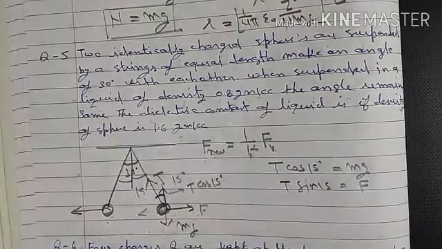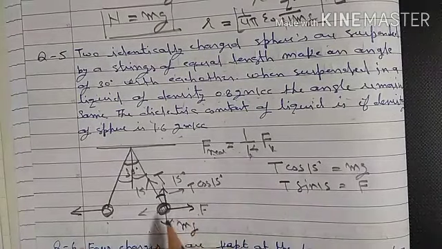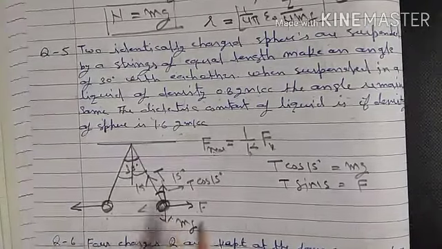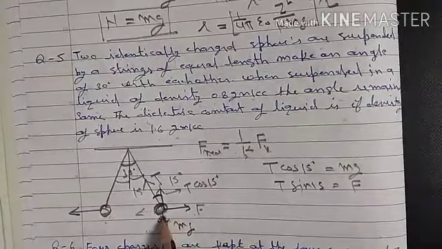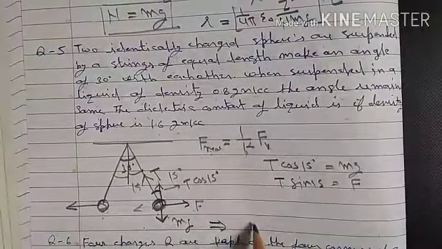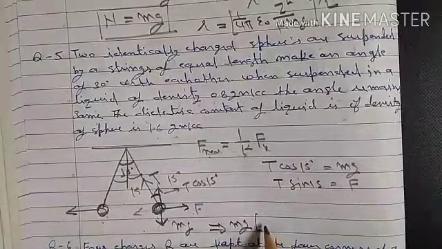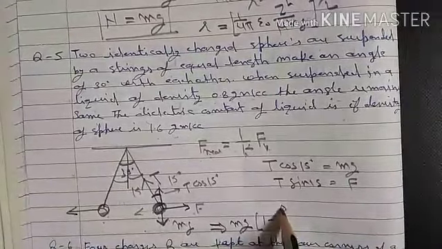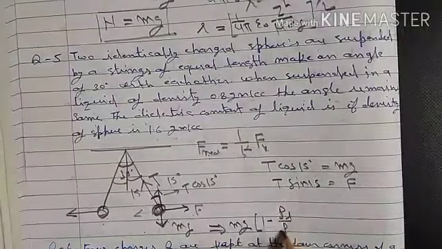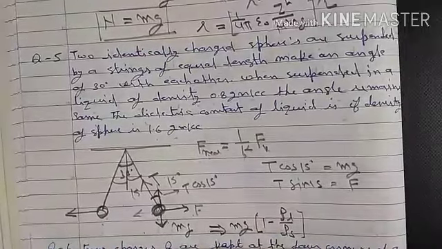And the effective gravitational force will also be changed. This is the force acting vertically downward. This will change. It will become mg in bracket 1 minus rho L divided by rho S, where rho L is the density of liquid and rho S is the density of solid.